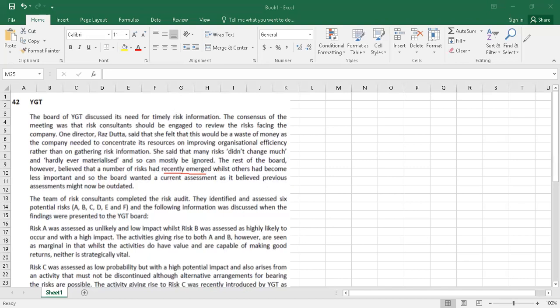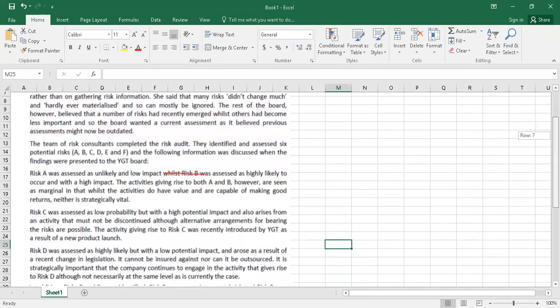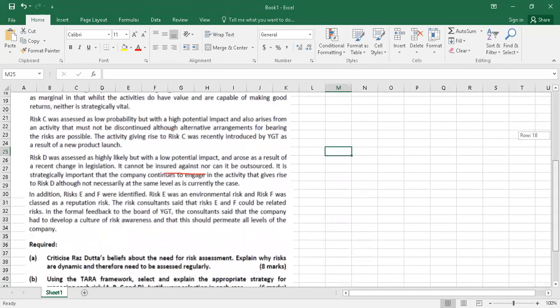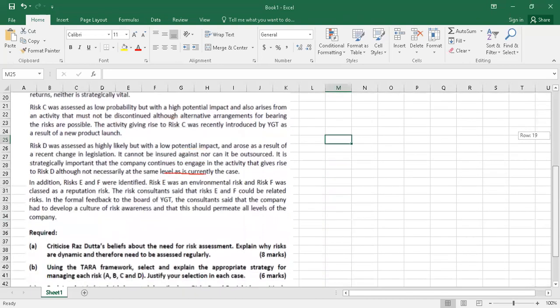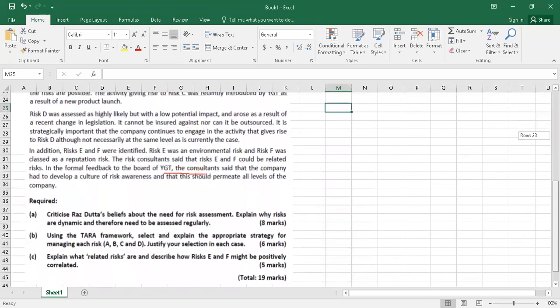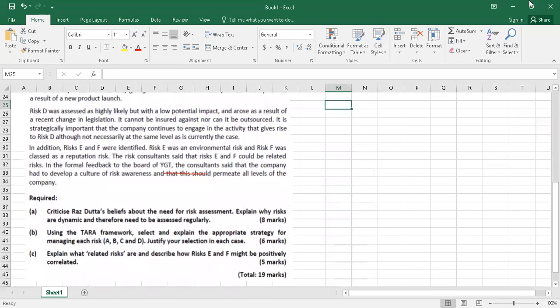The question says the team of consultants completed the risk audit and they have identified six potential risks: A, B, C, D, E, and F. So we also have the details about it. There is a question. This is a 19 marks case study. SBL does not have a set pattern of what the marks would be.